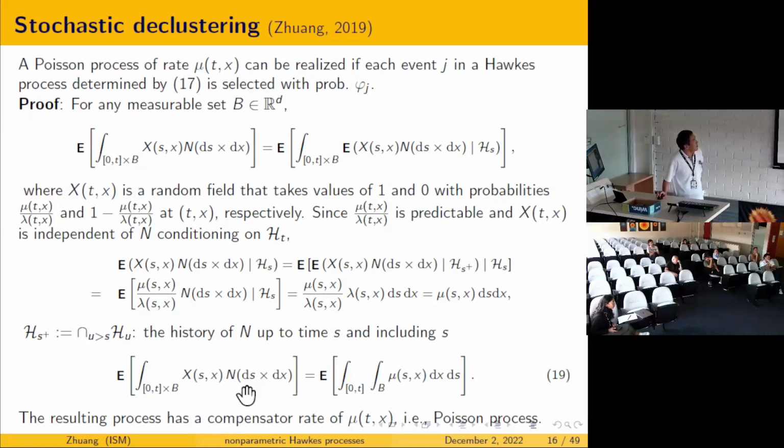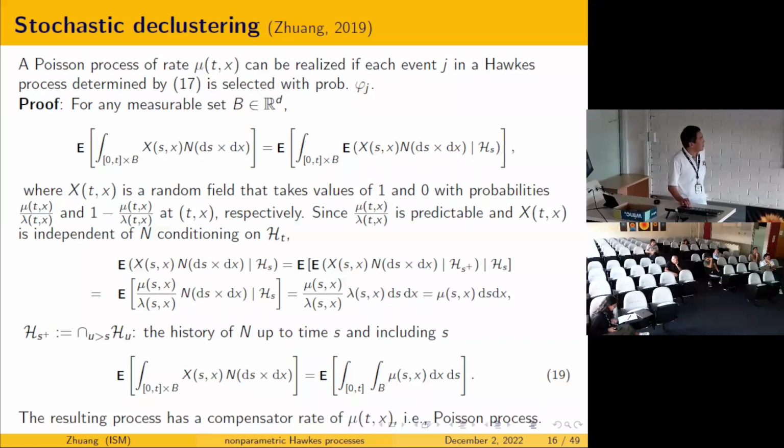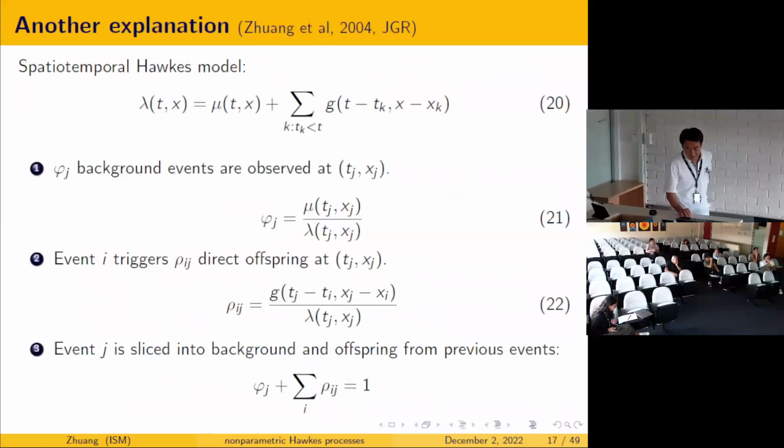That means the process we realize is a Poisson process, because this mu here is a deterministic function inside the stochastic conditional intensity.